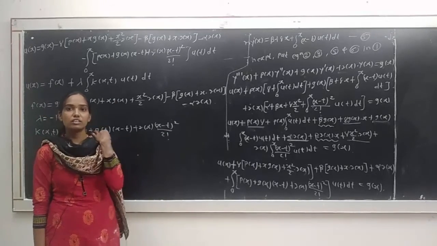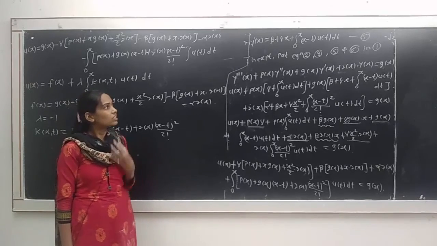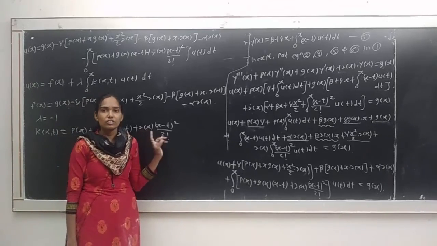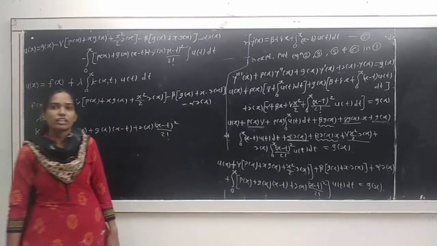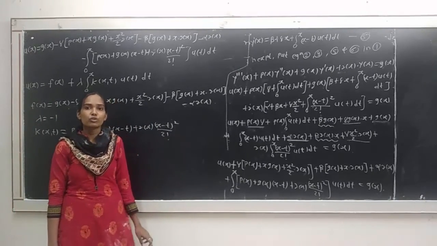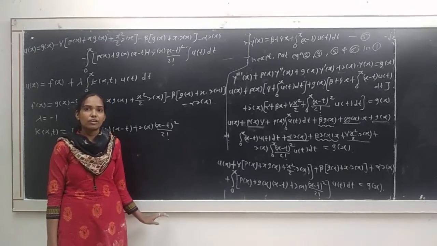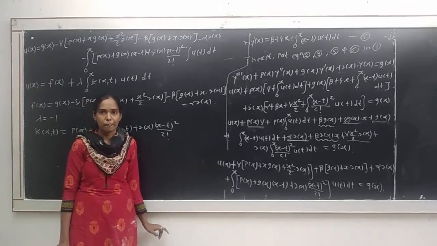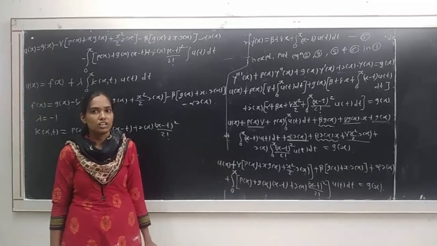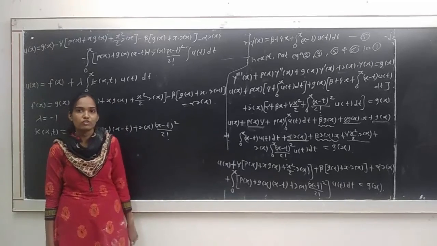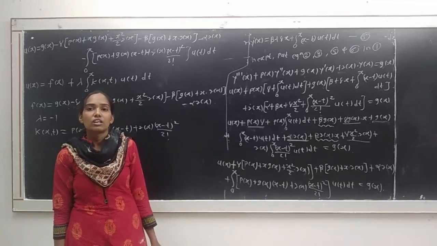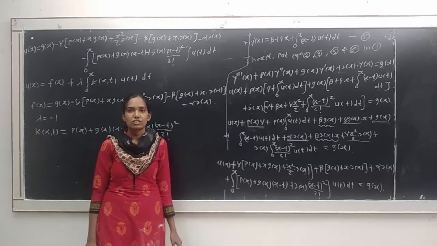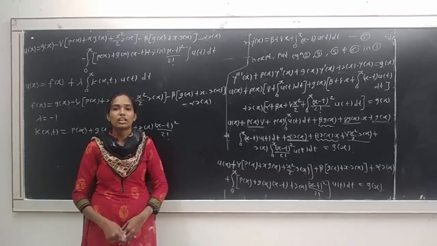Okay students, in this way we can convert the initial value problem to the Volterra equation. For that we have to only integrate the given initial value problem and put the initial conditions, and stop the procedure of integration when the given differential equation can be converted into the Volterra equation.